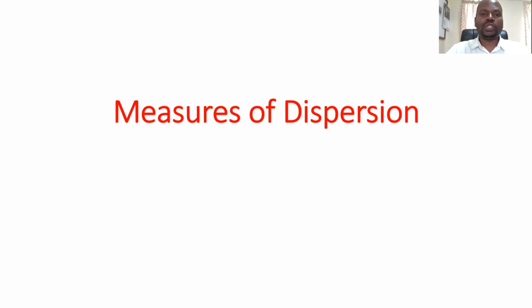And today we are going to look at measures of dispersion. We have been looking at measures of the center, and we'll see why it's very important that we look at measures of dispersion in conjunction with measures of the center.